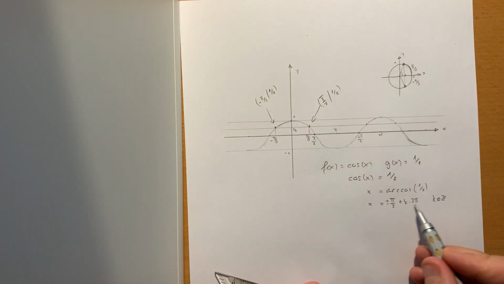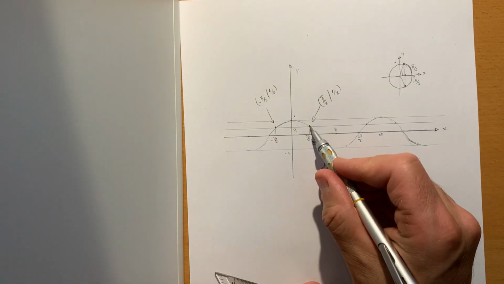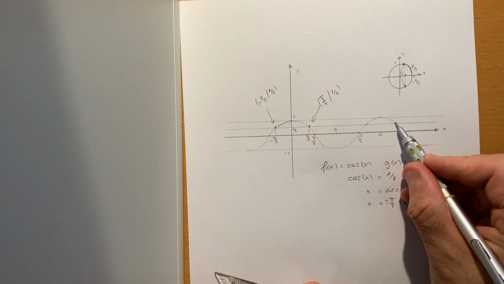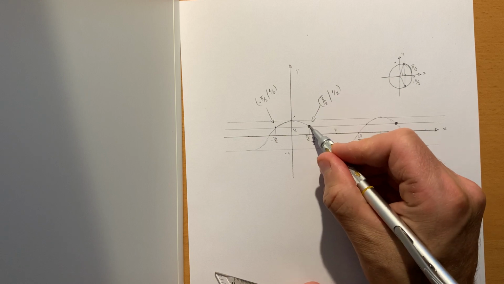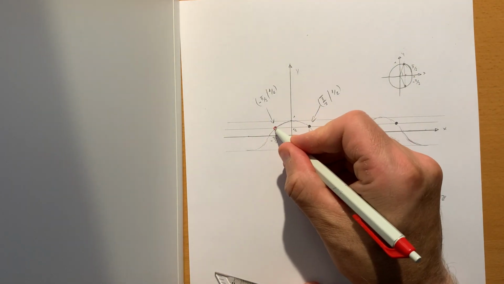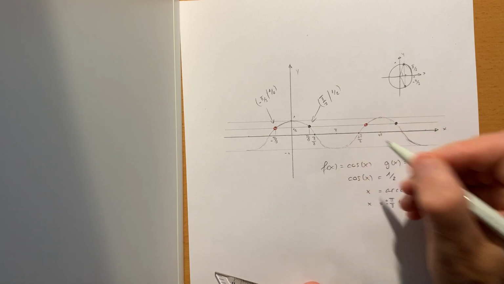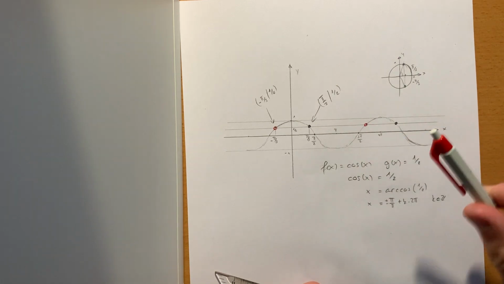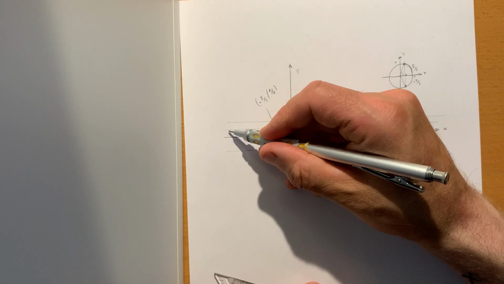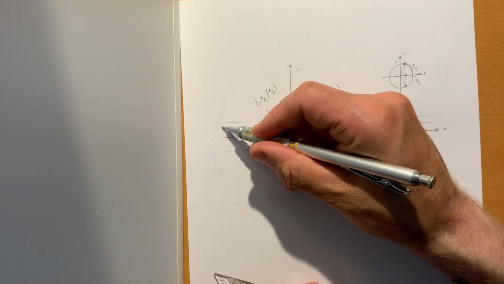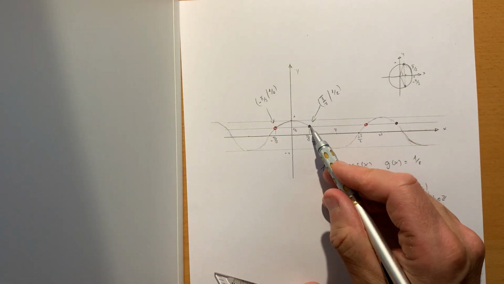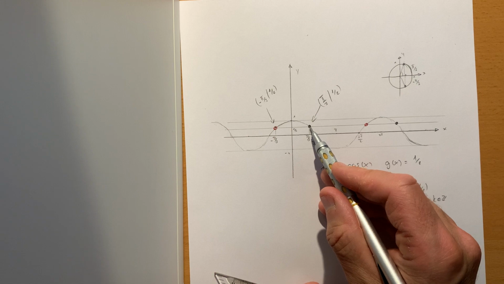But what does this mean? Well, I can add full turns. So from here, I can jump to here, 1 period length to the right. And from here, I could jump to this one, 1 period length to the right or to the left, because I could continue my function like this. Look, this would be another point of this type.